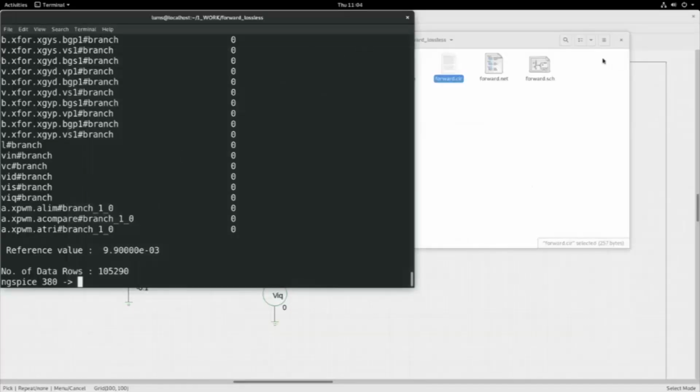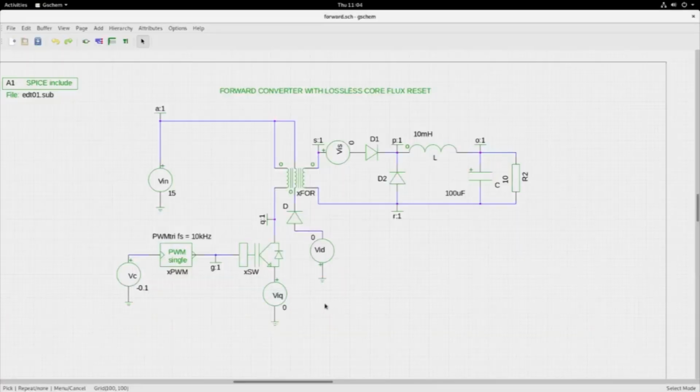You can of course view every node voltage and different branch currents and understand this circuit too, but I am interested to see and compare the demagnetization, that is core reset, flux reset, and the currents through the demagnetizing winding, and compare it with the lossy core reset forward converter.